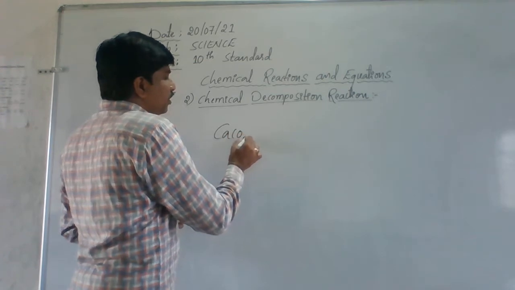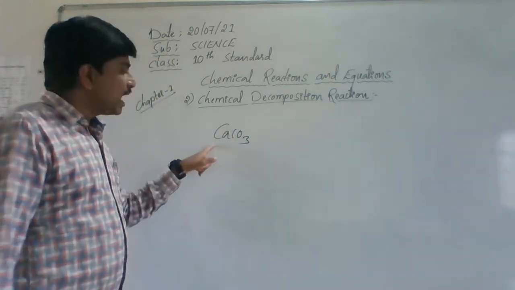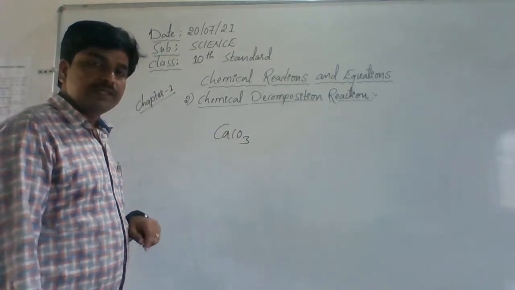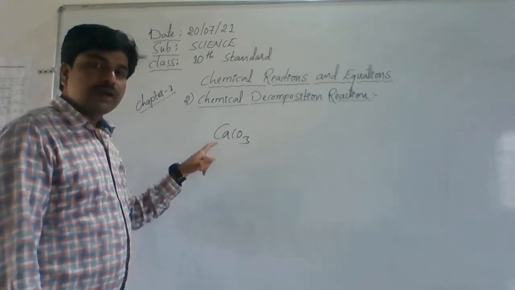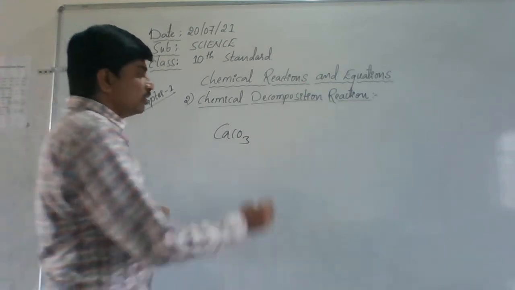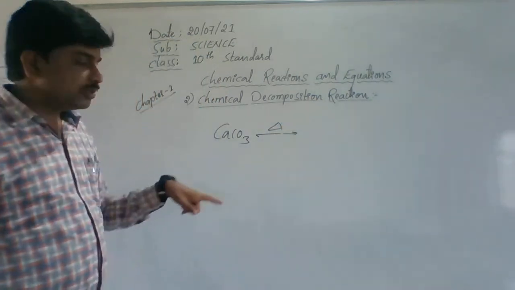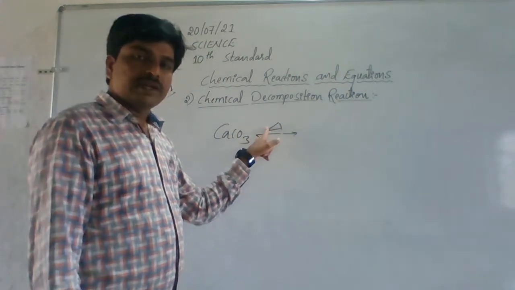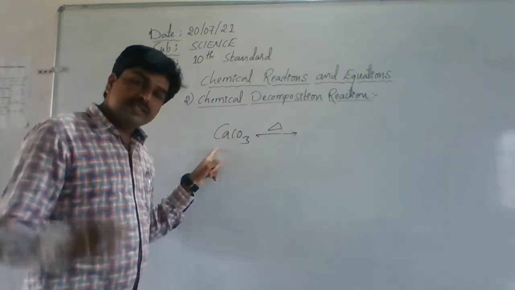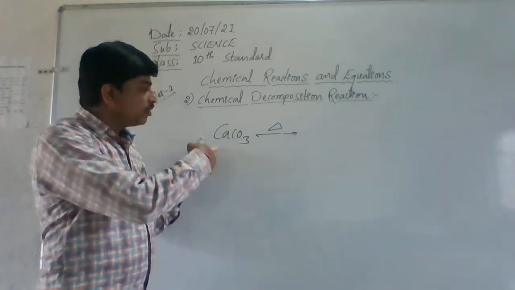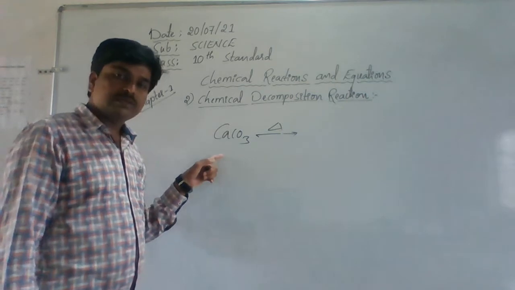Take an example, calcium carbonate. Just give heat to it. You already know, students, this delta symbol indicates the reactant is heated. The heat is given to the reactant.